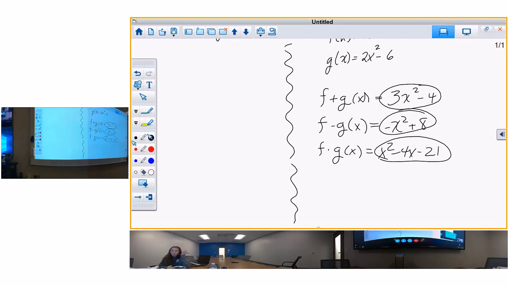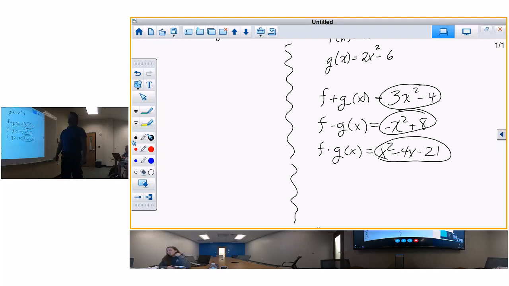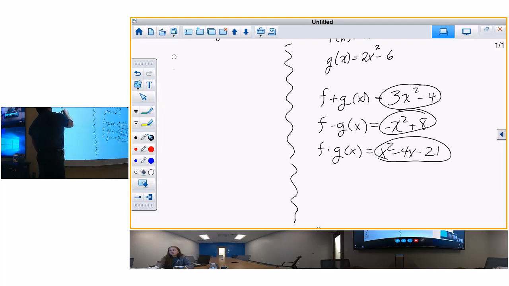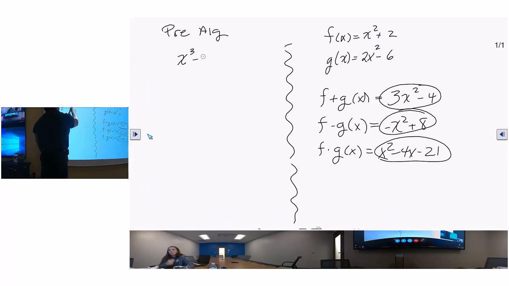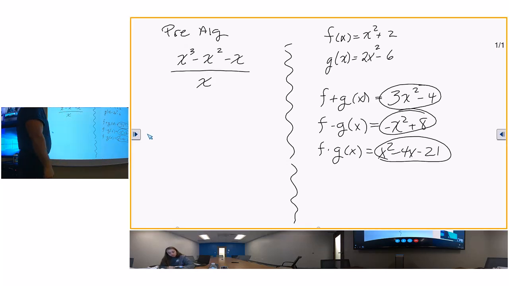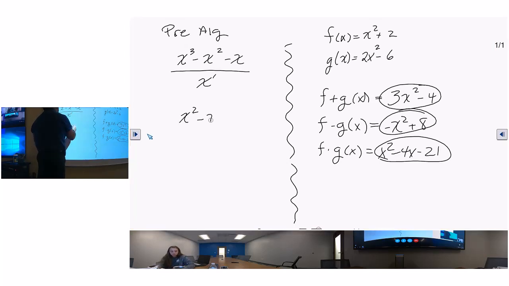Long division is the one you need to know, especially in calculus. So, let's take our handy dandy x to the third minus x squared minus x divided by x. And you do your subtraction of what? Exponents. That'd be x squared minus x minus 1.